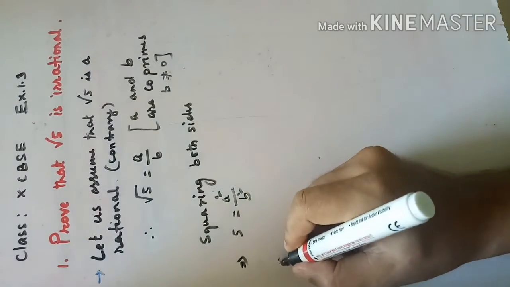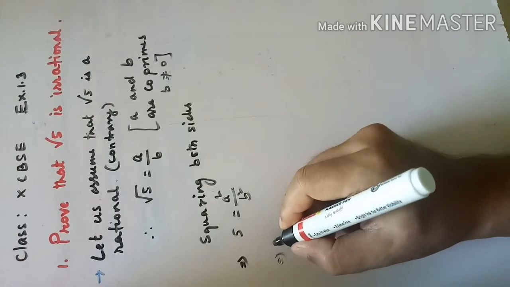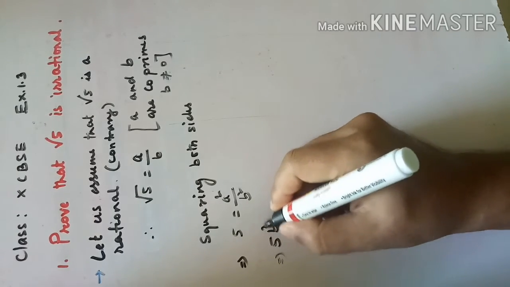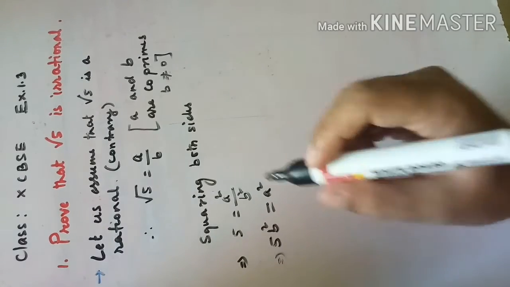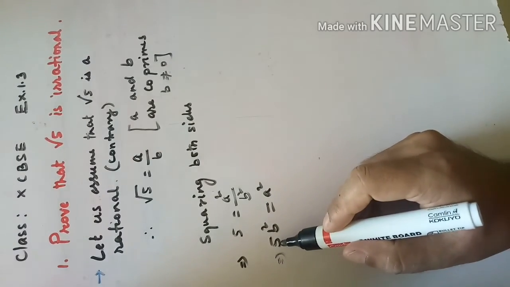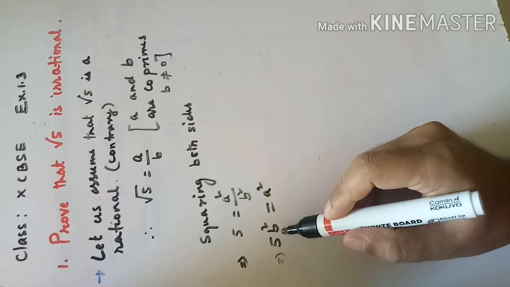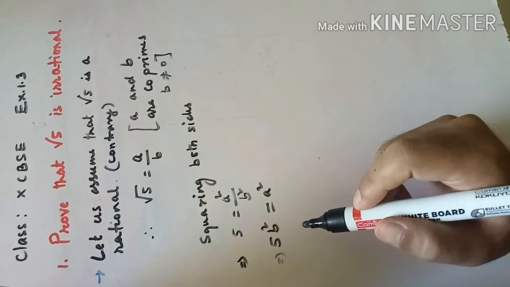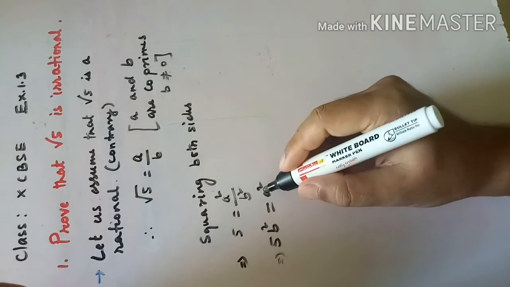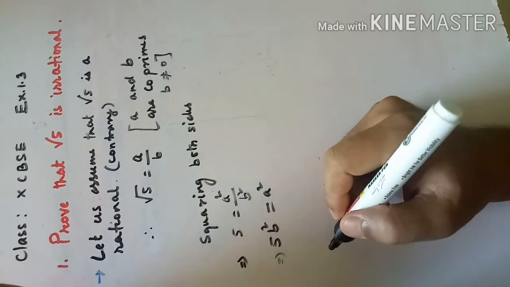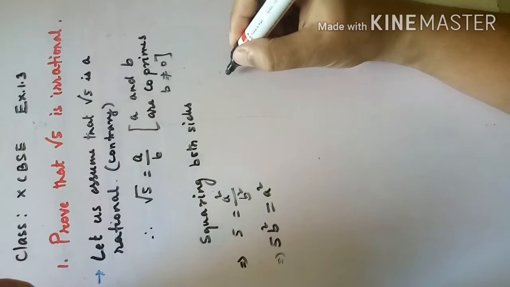Then transferring this b square to this side, 5b square is equal to a square. What is the meaning here? 5 and b square multiplying, the answer is a square. That means compulsorily a square will be divisible by 5.